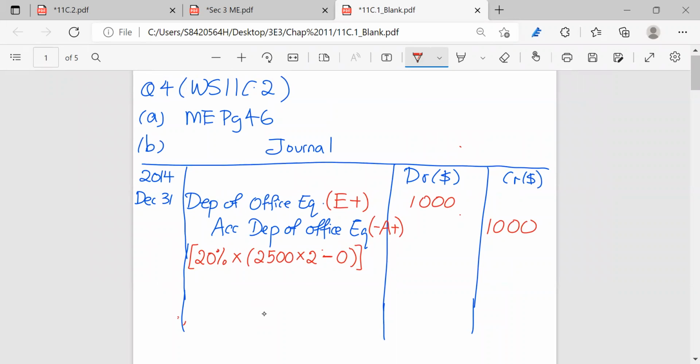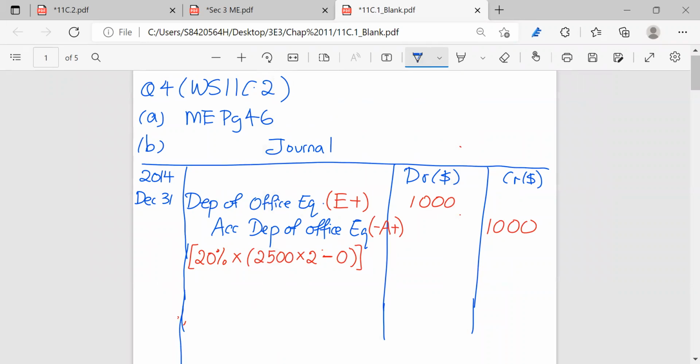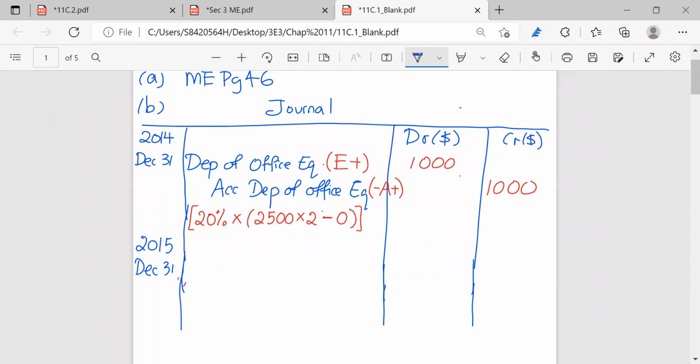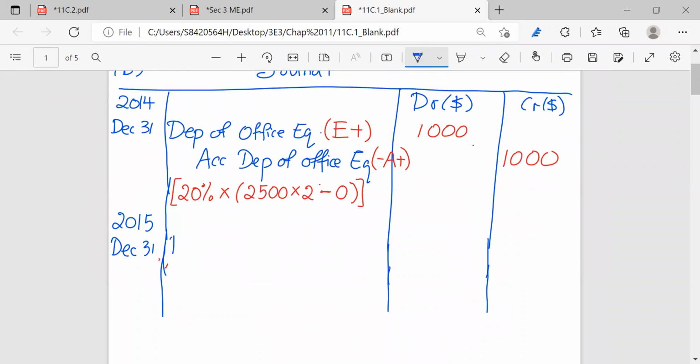Then for the second year, you just have to calculate the depreciation for all 3 equipment. The 2 accounts are the same.